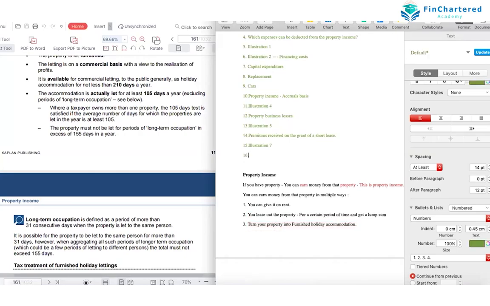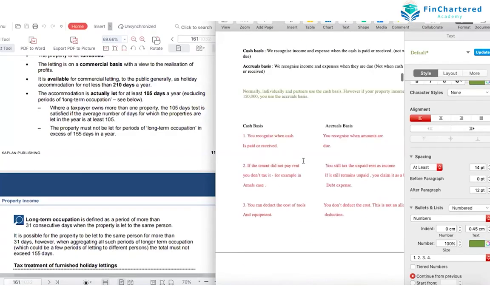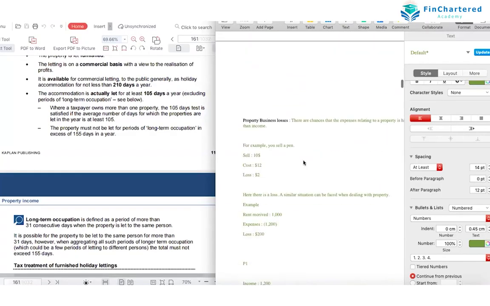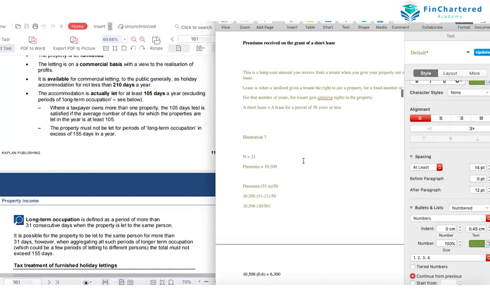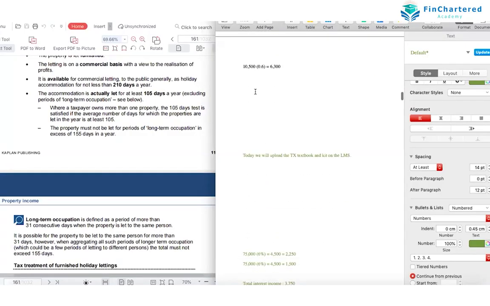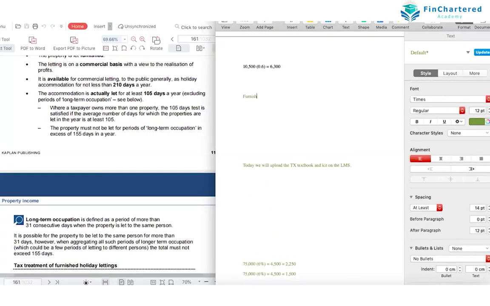So, furnished holiday lettings, if you want to call it. In this case, what do you do?